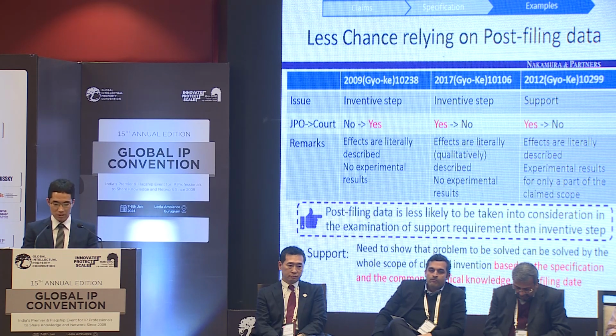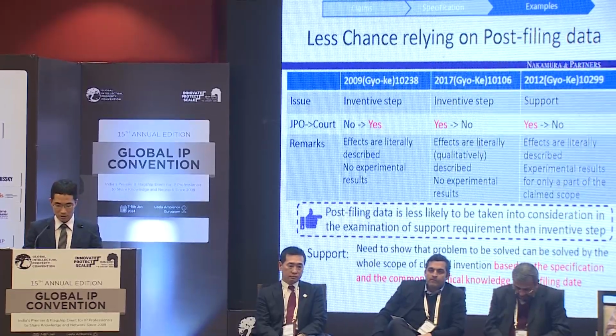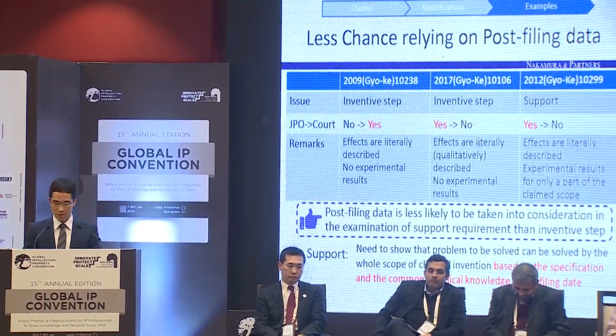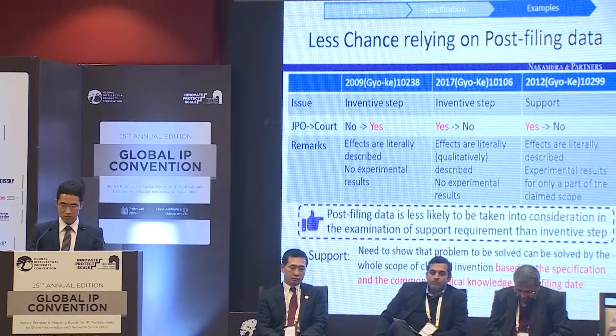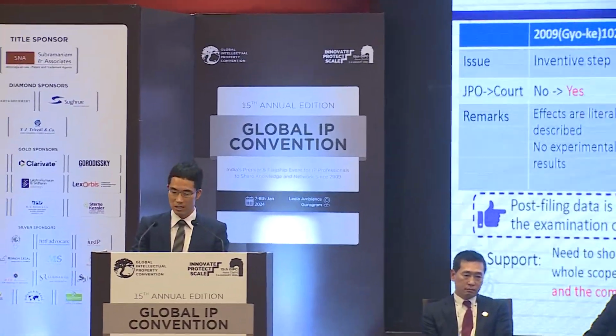In the inventive step cases, the court allowed post-filing data in the old case, while in the recent case, not. These 2 cases are similar in that effects are merely literally described, but no experimental data are shown. So the court seems to have become stricter.